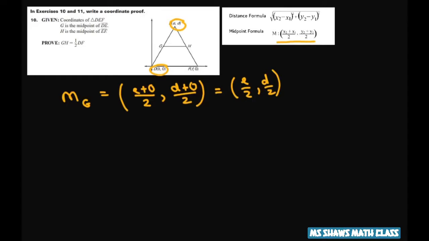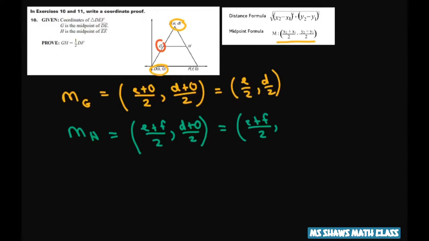And that's the midpoint of G. And then the midpoint of H is going to be the same thing. It's E plus F divided by 2, and then D plus 0 divided by 2, and that equals E plus F divided by 2 and D divided by 2.